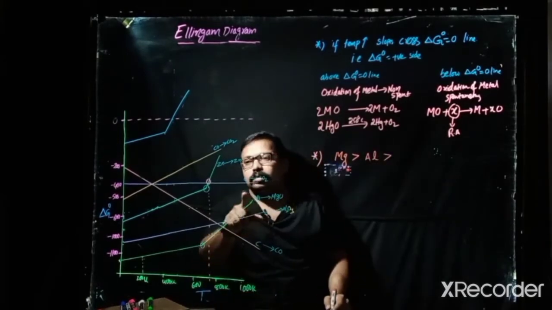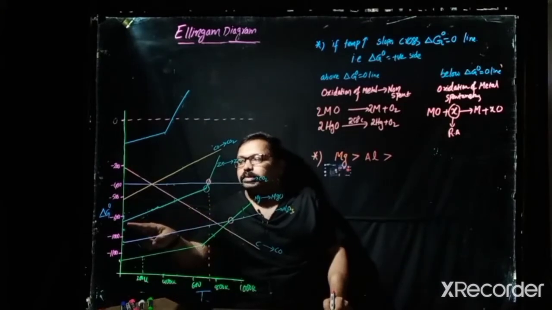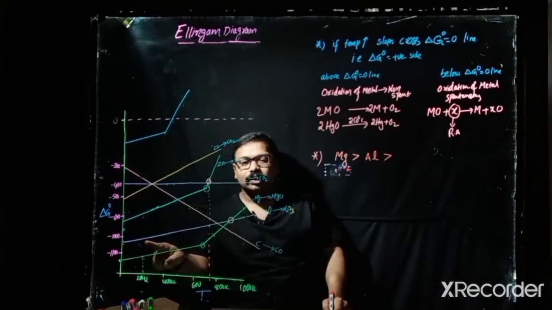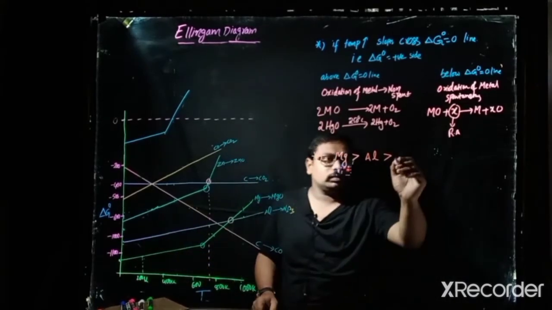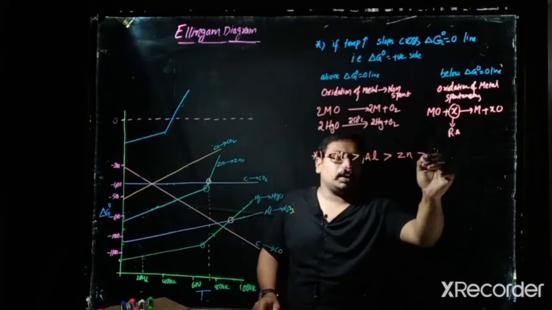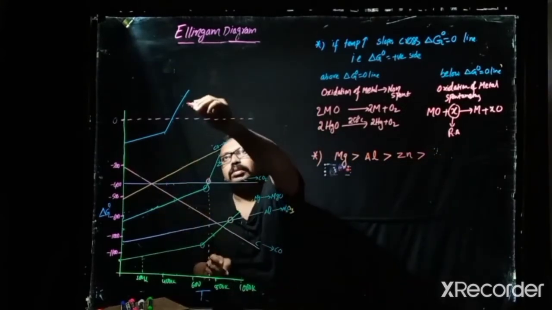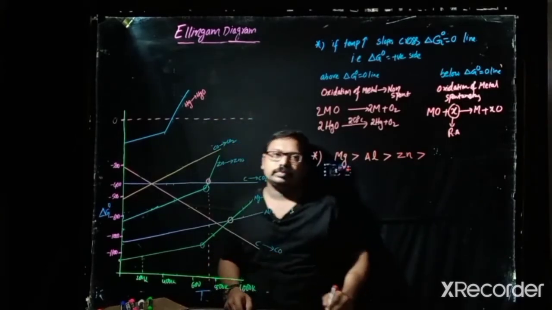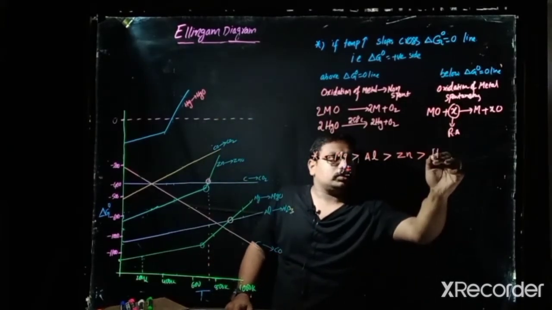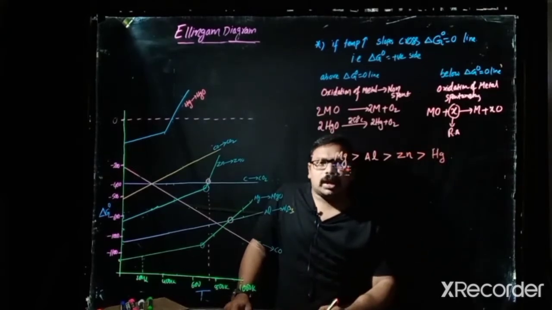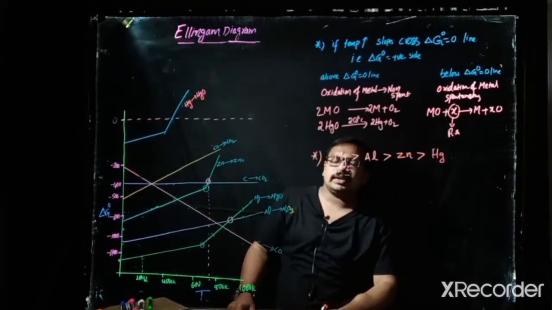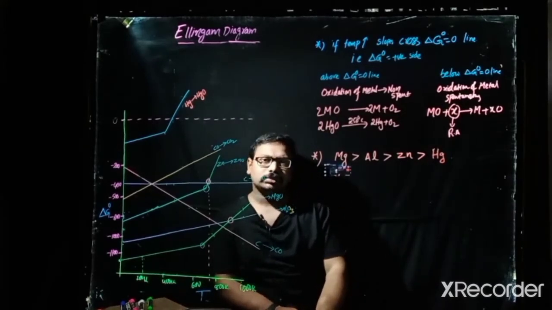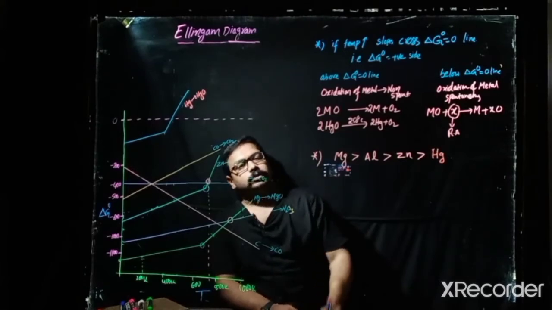After that, for zinc, the standard Gibbs free energy for oxidation is less negative than aluminum and magnesium. Then comparing the mercuric oxide curve, these Ellingham diagrams are useful to calculate the reactivity of metals also.